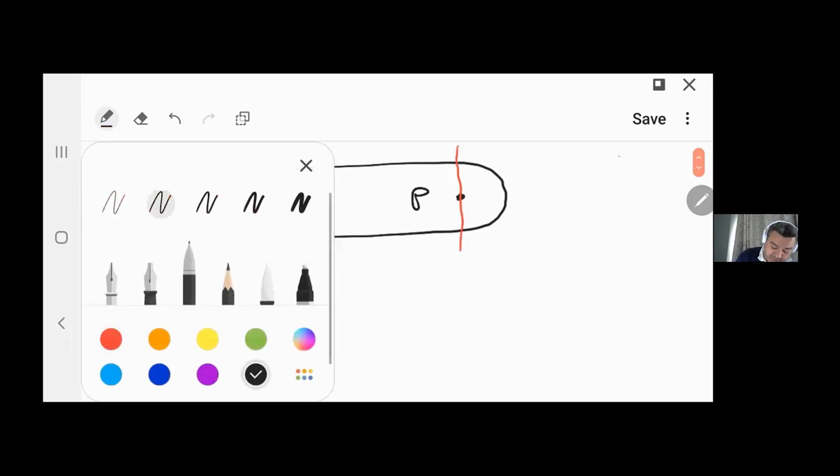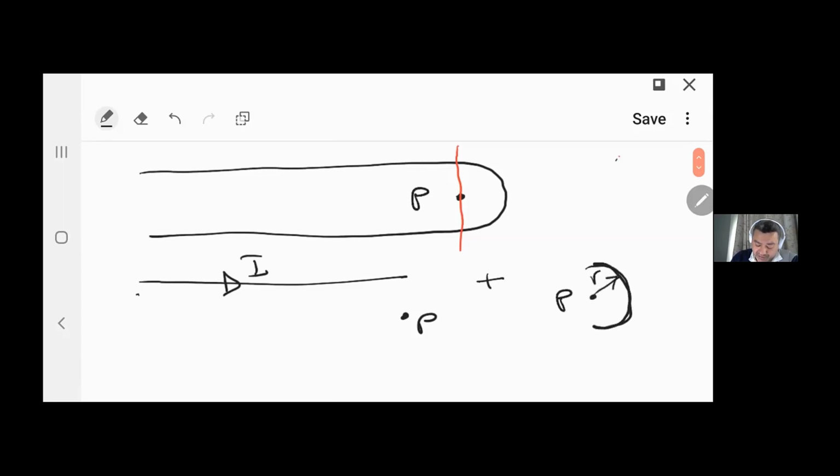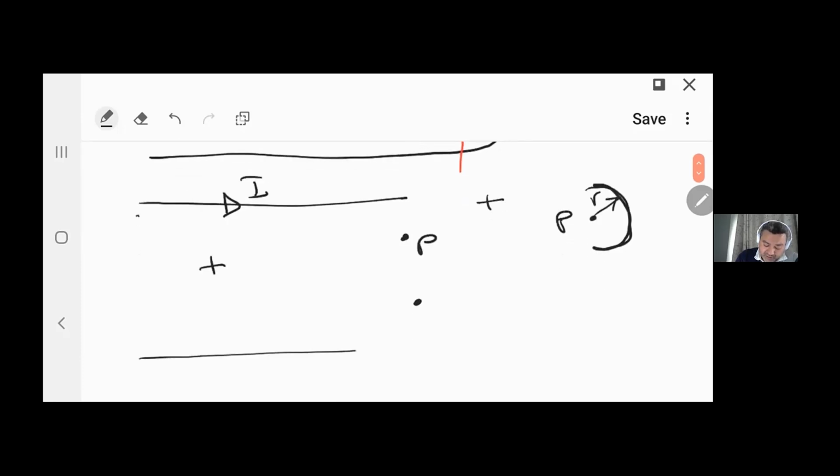The first one would be a half infinite wire, where I have the wire all the way coming to point P with a current I, plus I have a loop, a semicircular shape at P with the radius also R. I need to calculate the magnetic field at that point, and then plus the last one, which is P is up, and this wire is like this.